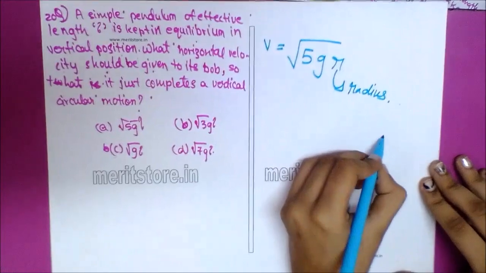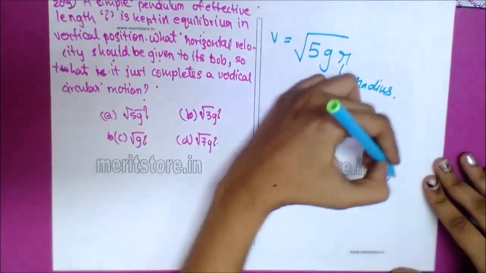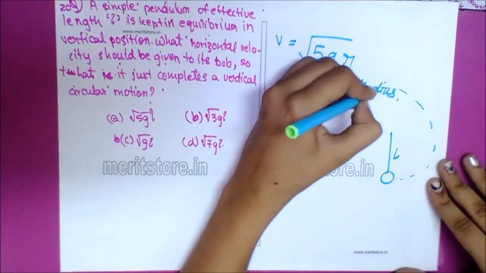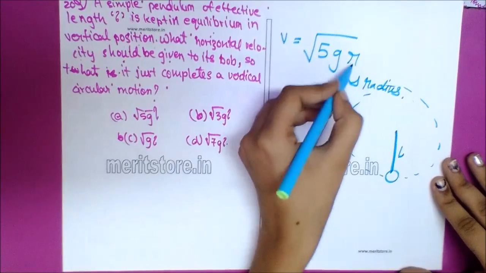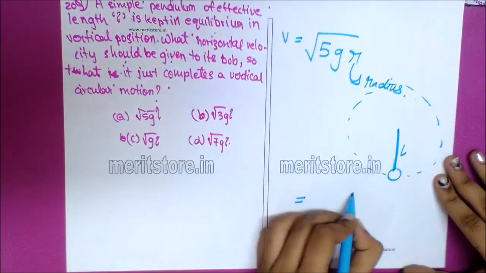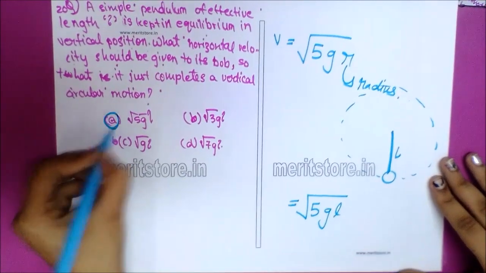So over here if I have a bob of length L which will move in circular motion, then this will be my radius. So instead of radius I will have the length L. So this will be root 5gL. Option A is the correct option.